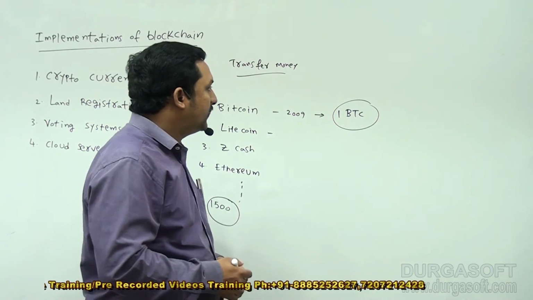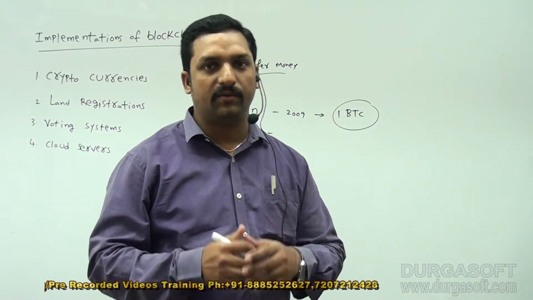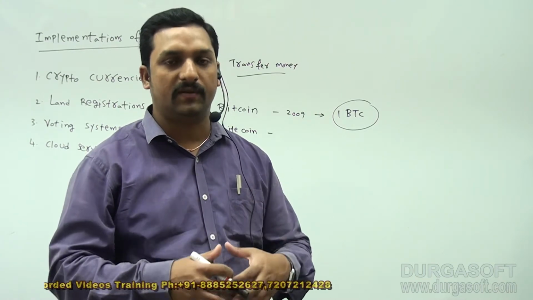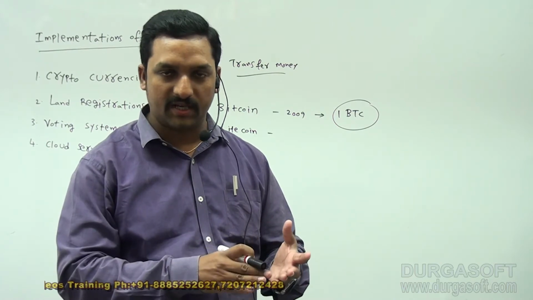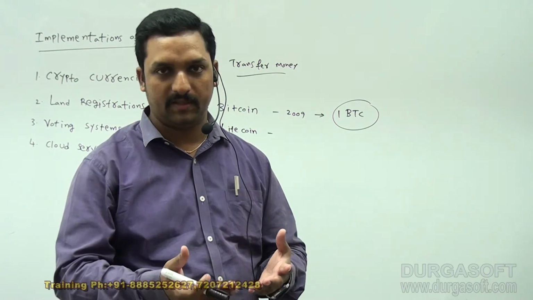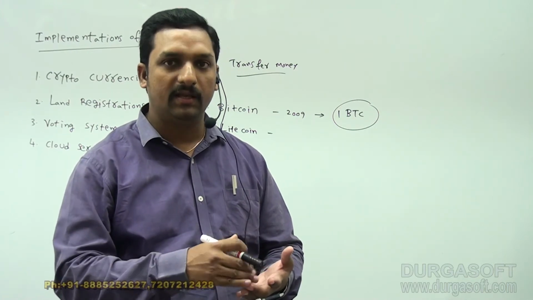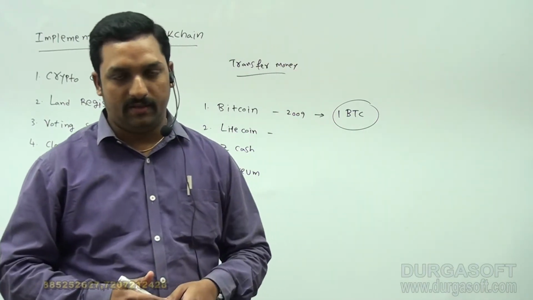So what we do, we will have certain rules. We will have certain security. We will have some cryptographic implementations of the blockchain. Of course, by default, blockchain is built based on cryptography. So obviously, using blockchain means automatically we are using cryptography. Bitcoin is developed based on blockchain.